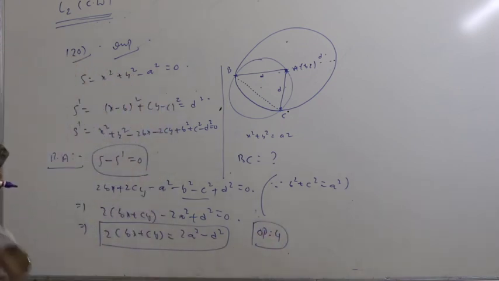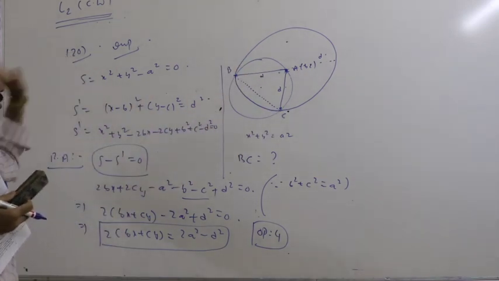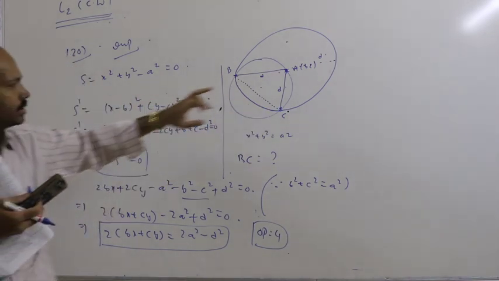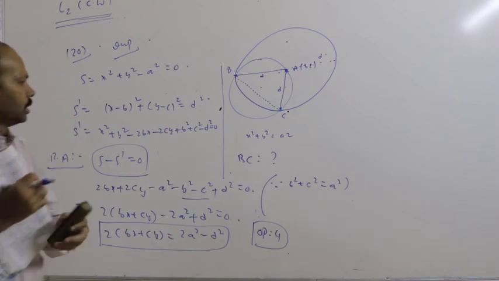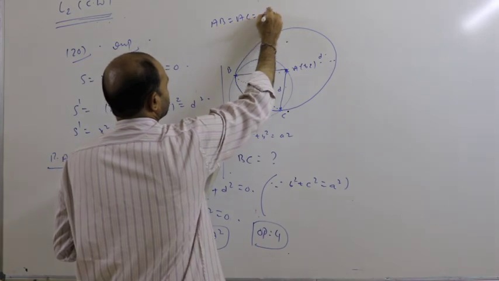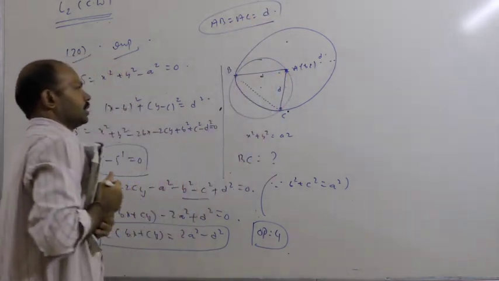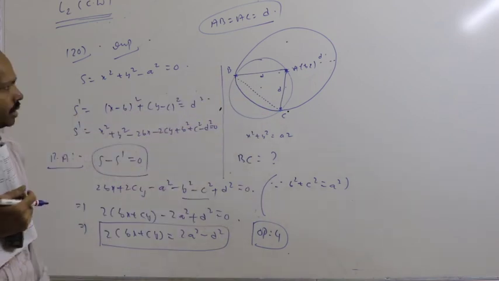Recall the question again. Given there is a circle, this is the circle. B and C are the 2 points and A is equal to (b, c) is another point, so that the given condition is AB equal to AC equal to D. We need the locus of BC, the line BC.